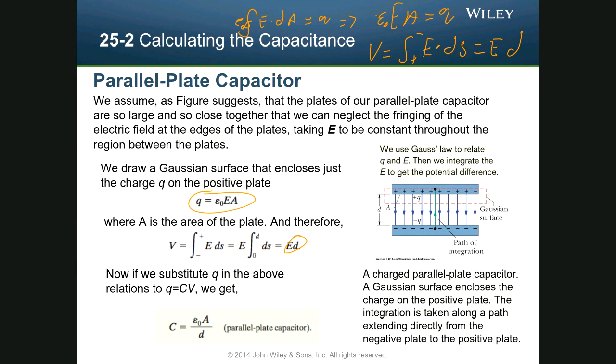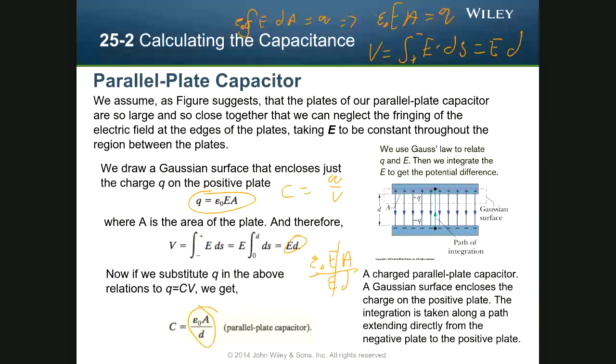Now, capacitance is equal to Q over V. Or, let's look at Q. We have epsilon naught E times the area, right? That would be the area of the plates. And then we have over ED. The E's cancel, and we get this equation here.